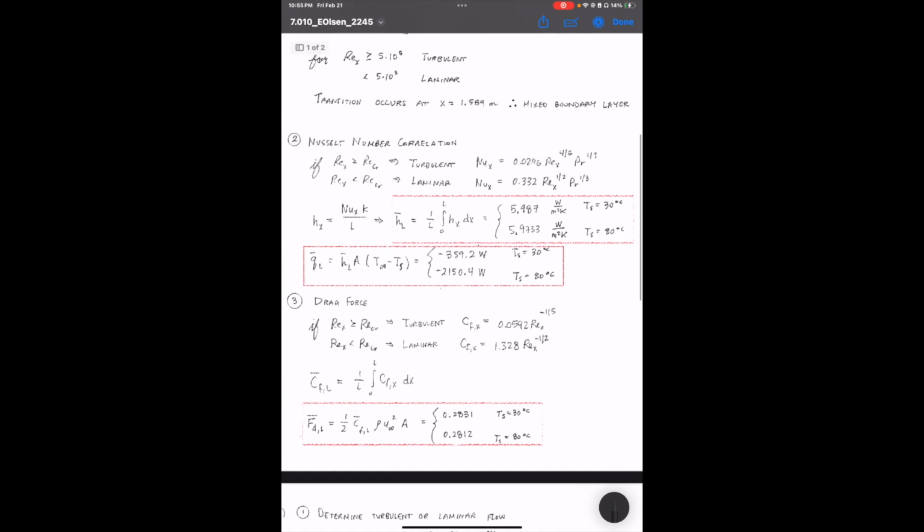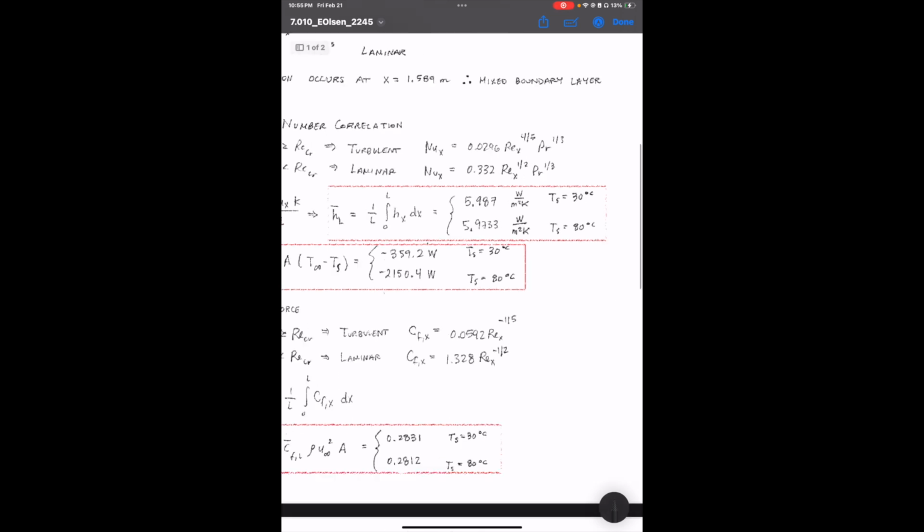So if we evaluate our Nusselt number correlation and then plug in for h of x, to get our average heat transfer coefficient, which is what the problem asks for, we can take the integral over h of x dx between our whole plate length and divide that by the length to just get our average.